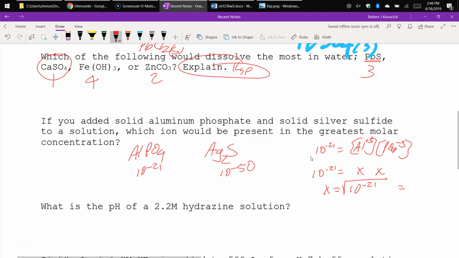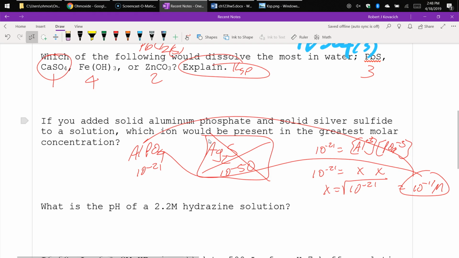That's about 10 to the negative 11-ish. That would be the molarity of both the phosphate and the aluminum. And we can just get rid of the silver sulfide altogether because it's 10 to the negative 50th. Wow, that's 29 orders of magnitude difference.